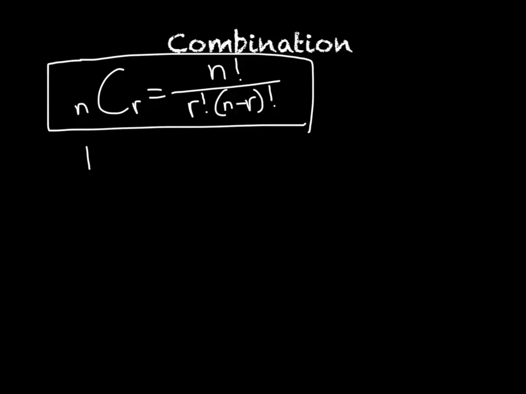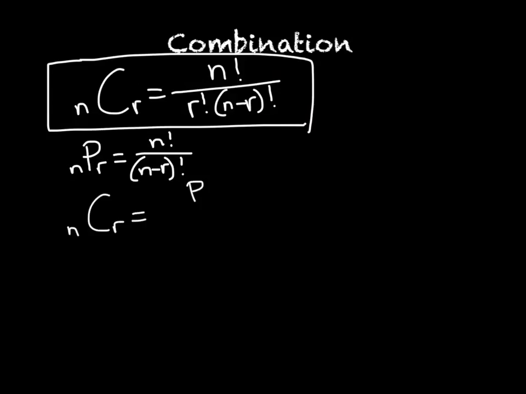So remember our formula for permutation looked very similar to this. It's just n factorial over n minus r factorial. And so you see that this term is the same as this right here. So what we can say is that combination nr is equal to permutation nr over r factorial.